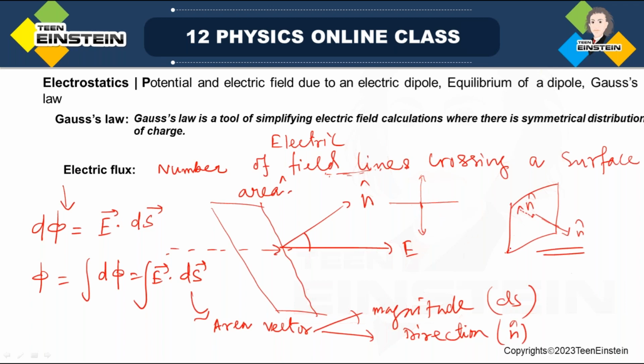But suppose I have a football. This is a closed surface, so the surface normal has to always be the outward normal. It should not go inward like this.